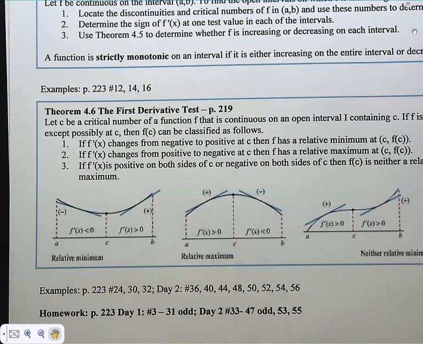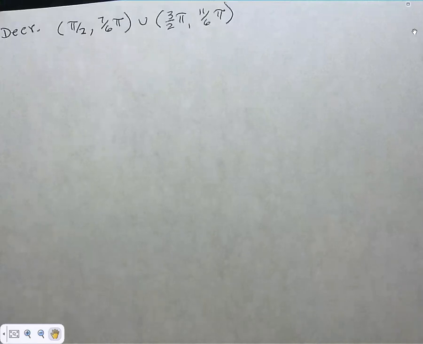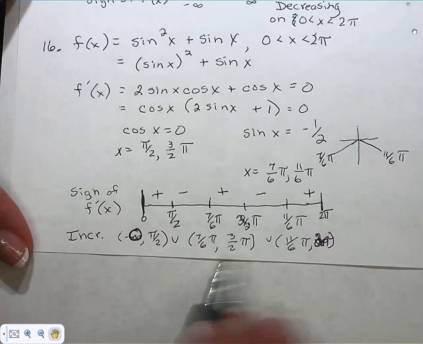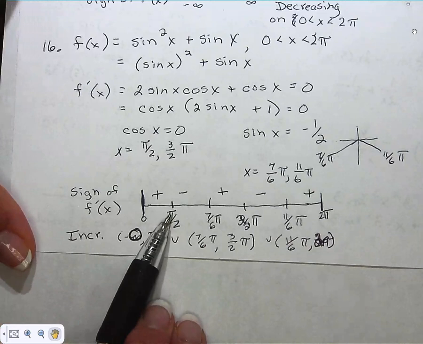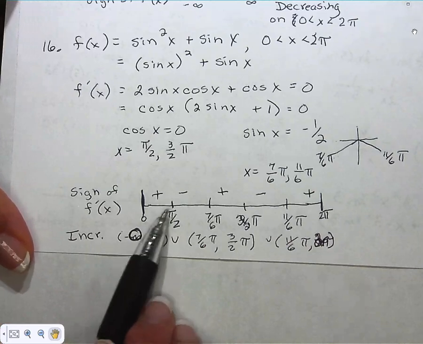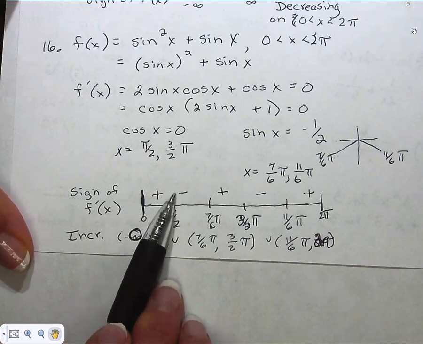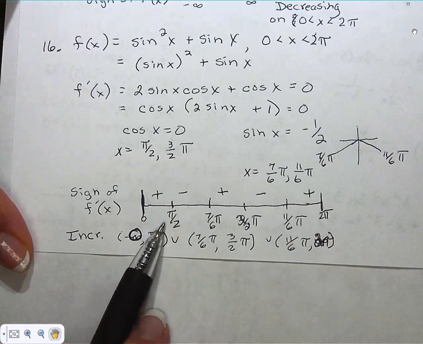It's really not even something I use because I already have, in the guidelines for finding critical points, this number line with all these positives and negatives on it. I can tell you what happened at pi over 2. The function went from increasing to decreasing. There's a max at pi over 2.